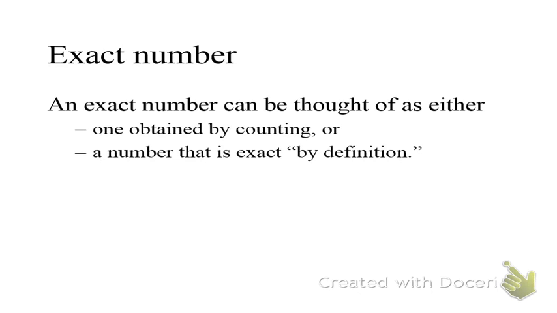The other one is if it's exact by definition. A good example is the metric prefixes you're supposed to memorize. 1 liter is exactly equal to 1,000 milliliters. That is by definition. All of the metric stuff is by definition.